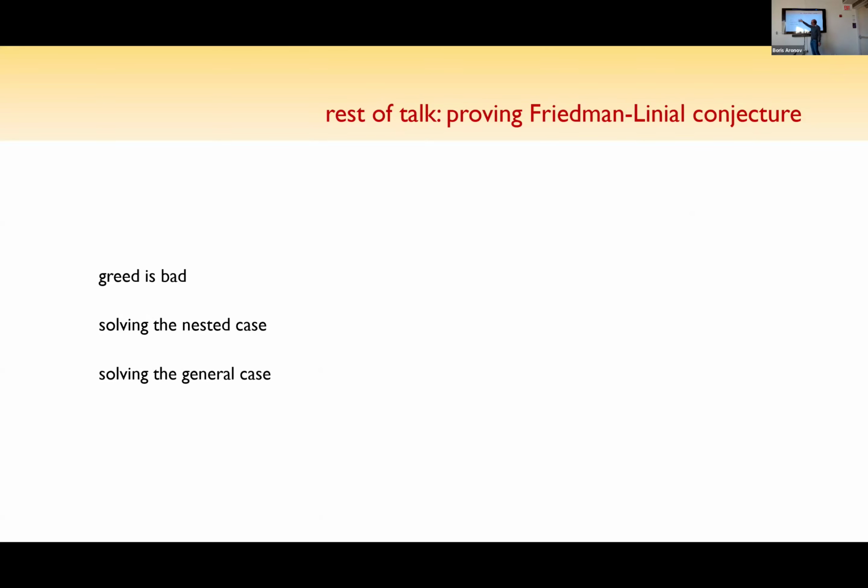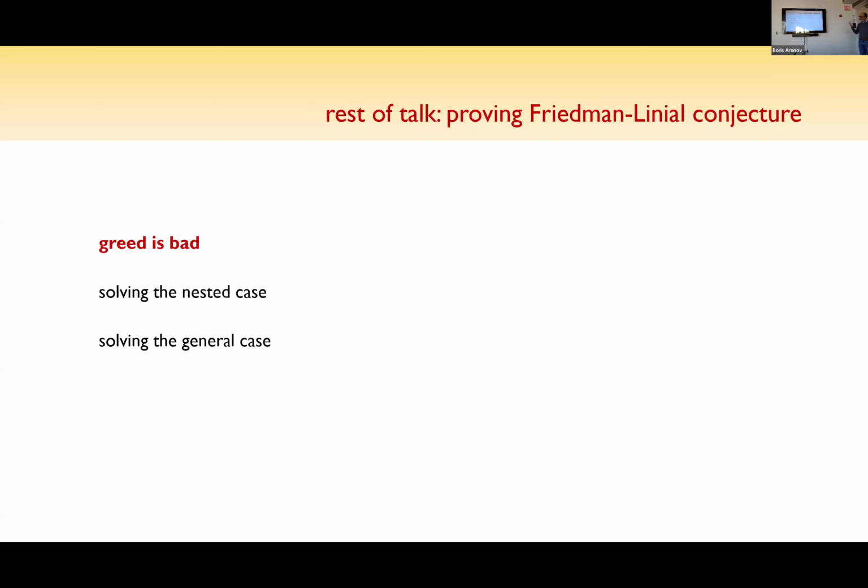Just to give you some information, I'll first show you that the greedy algorithm is not so good in general. Then I'll show you a solution for the nested case. In fact, I'll show you two solutions for the nested case. And then I'll show you how to solve the general case. So first, the greedy algorithm.